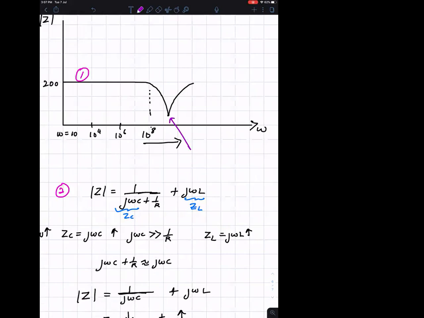Resonance is where ZC equals ZL, which implies Z is purely resistive.